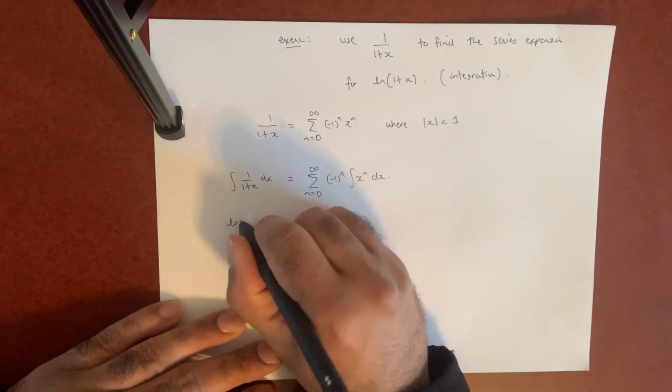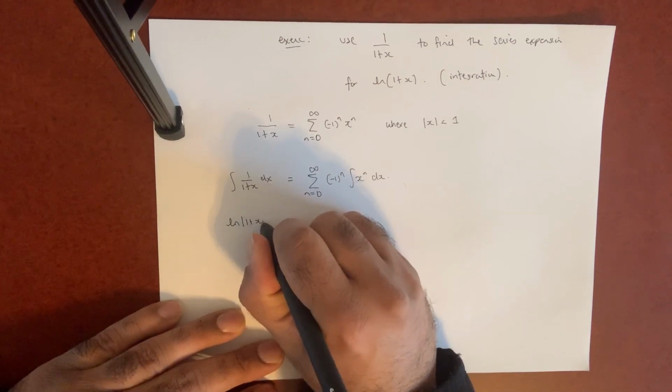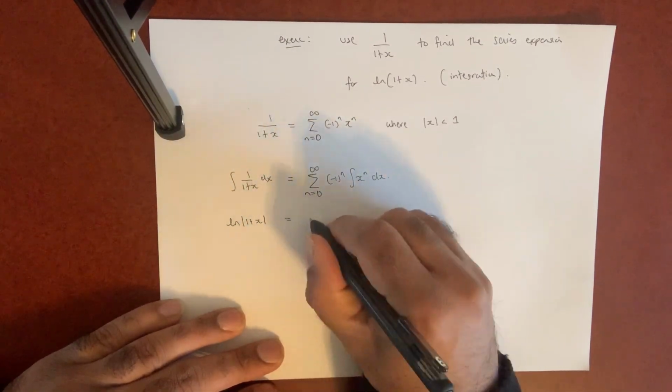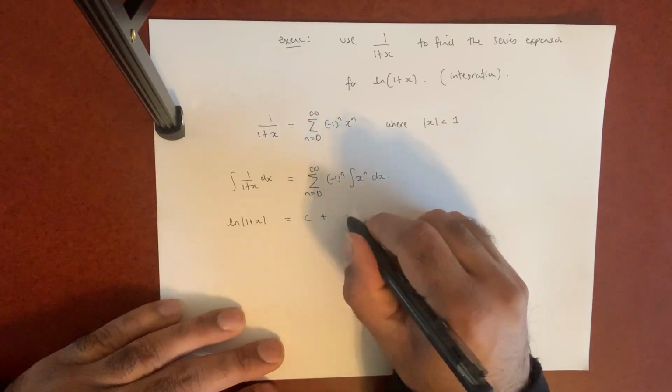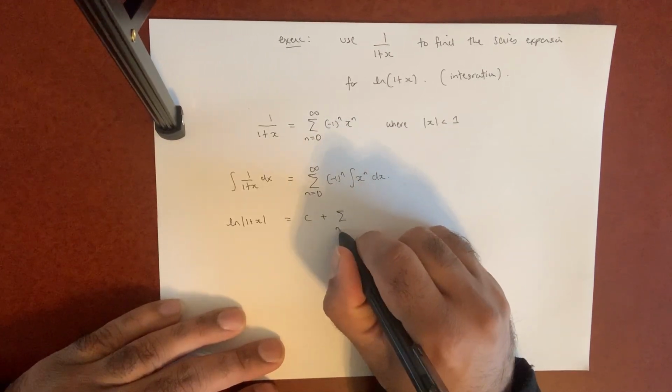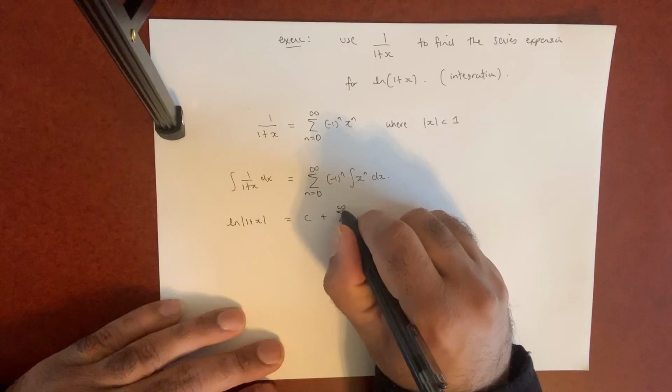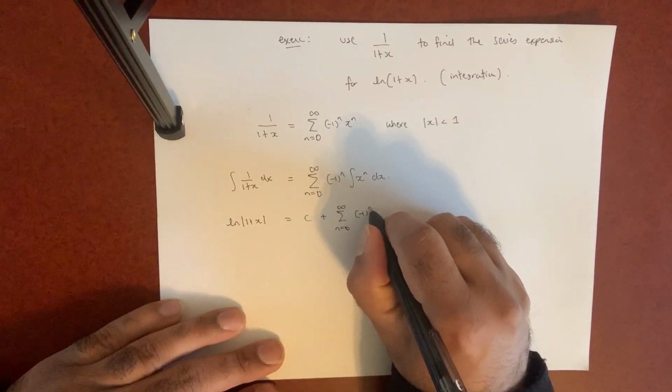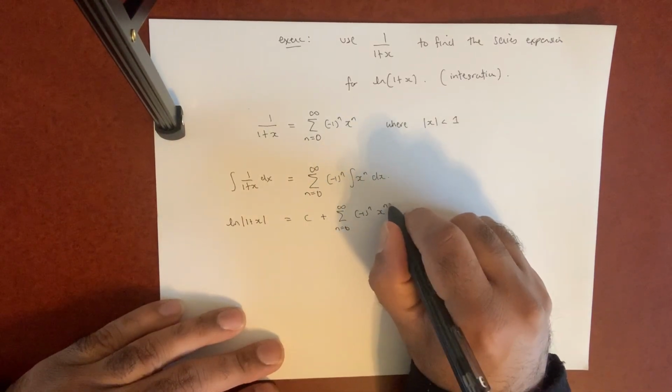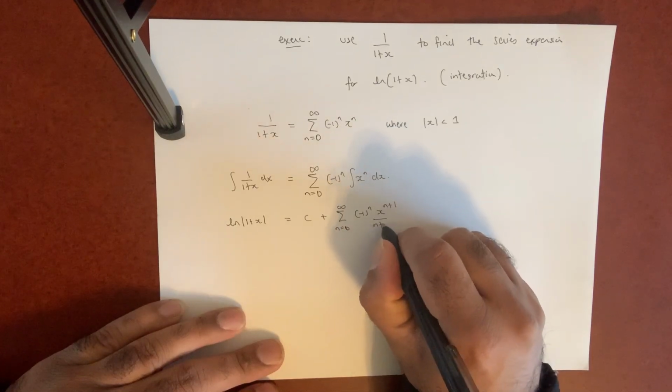And so on the left-hand side, we get ln of 1 plus x is equal to a constant plus the sum from n equals 0 to infinity, negative 1 to the n, and here we get x to the n plus 1 over n plus 1.